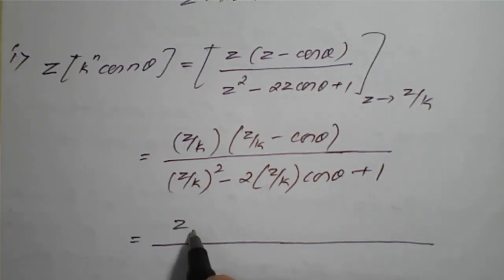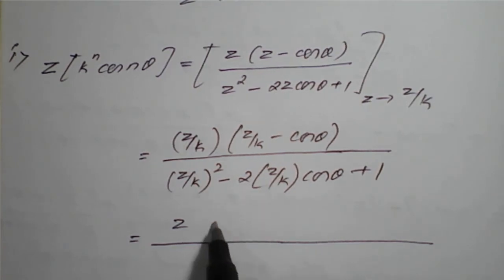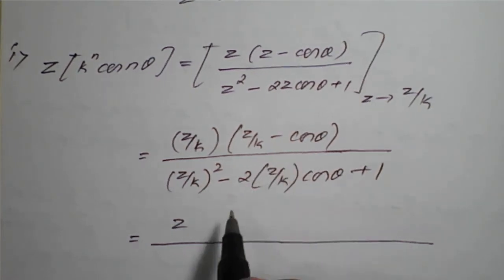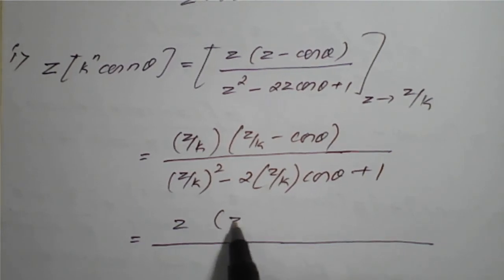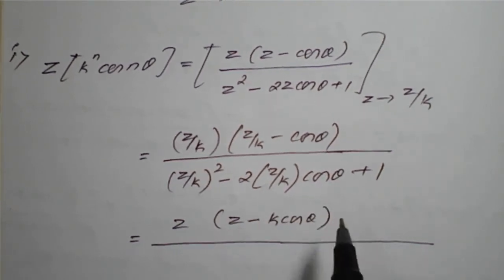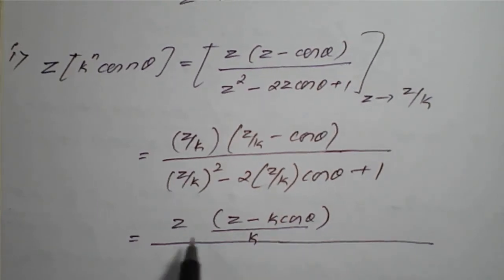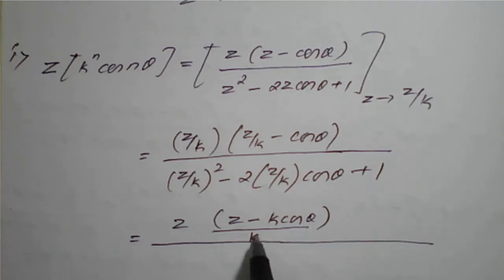So Z, I'll write as it is. Why? Because I will tell you. So if you take LCM here, it will become Z minus k cos theta whole divided by k, and divided by k, what we have, I will multiply here, it will become k square.